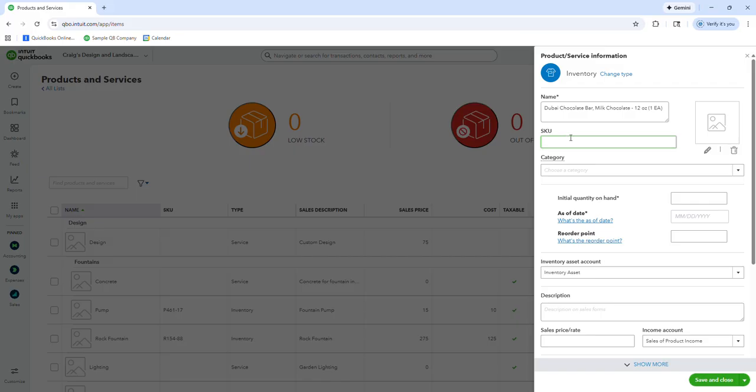Now the SKU, or the stock keeping unit. I put this here. SKU is quite important for any inventory item, anything you're going to track. This is internal to you, but it's going to be used everywhere. The sales team will use it.